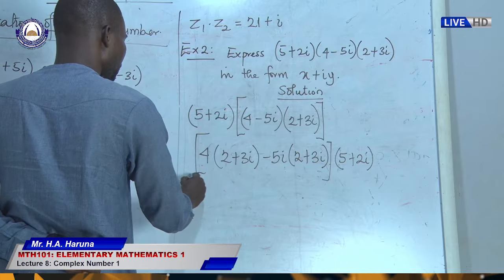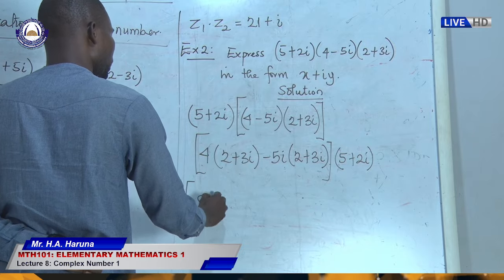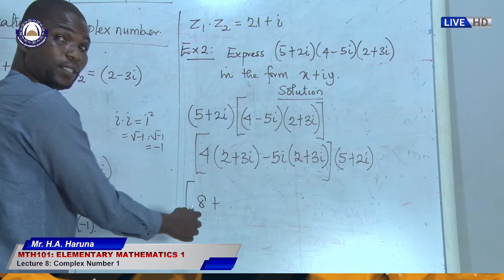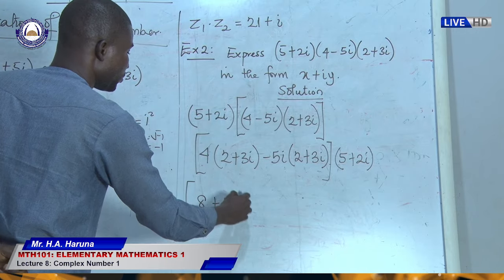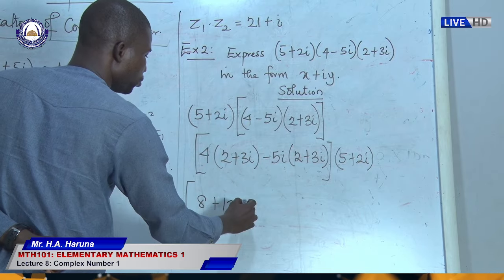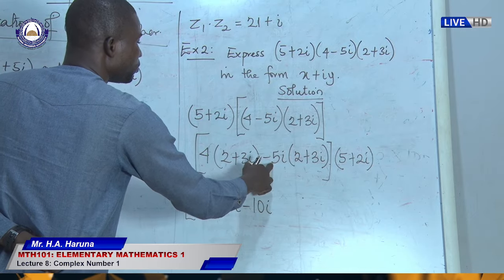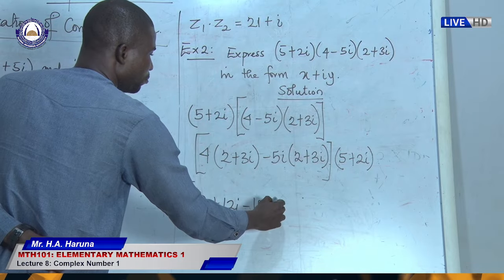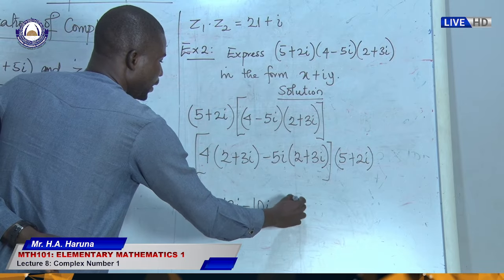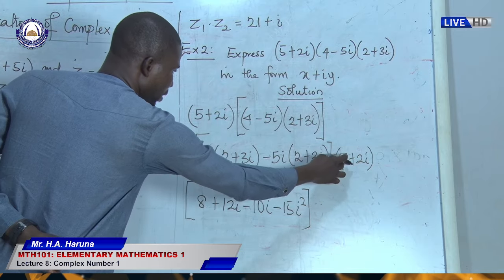Now 4 times 2 gives me 8 plus 4 times 3 gives me 12i. Okay? Then minus 5 times 2 gives me minus 10i. Then minus 5 times 3 gives me minus 15i squared. Don't forget that. Then close the bracket. Remember this as well.